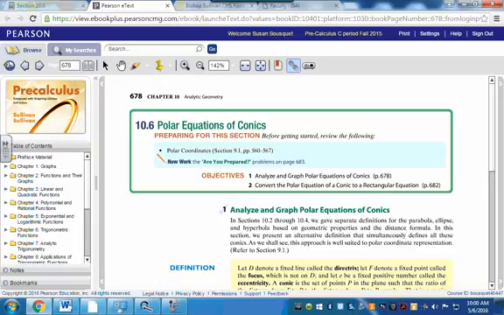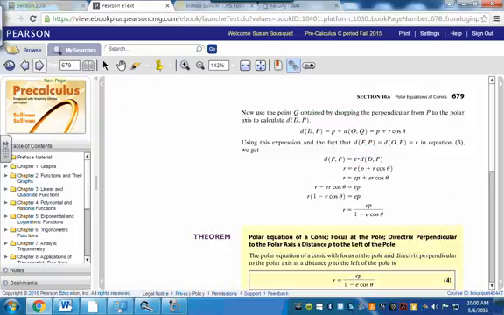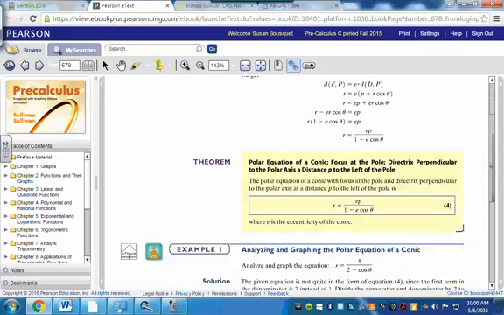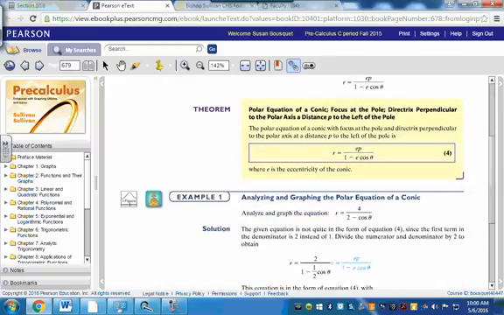If you look at the equations they give you, this is page 679. They're using P for the distance from the pole to the directrix, and I don't want to use that. I'm using P for parabolas, the focal distance for parabolas.